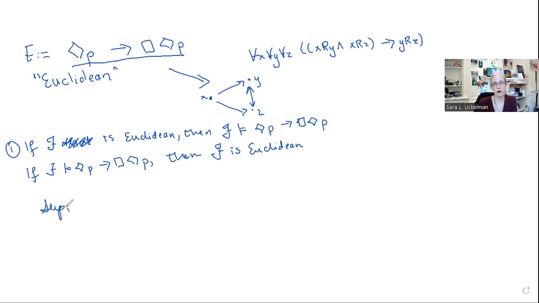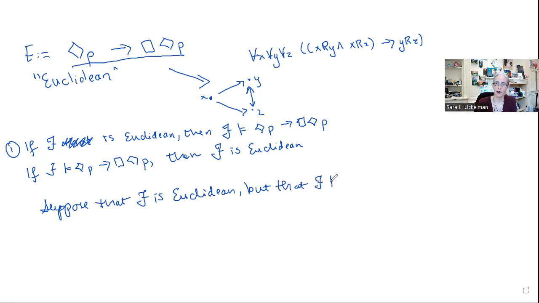We suppose that F is Euclidean, and then for contradiction, that it doesn't validate the axiom.